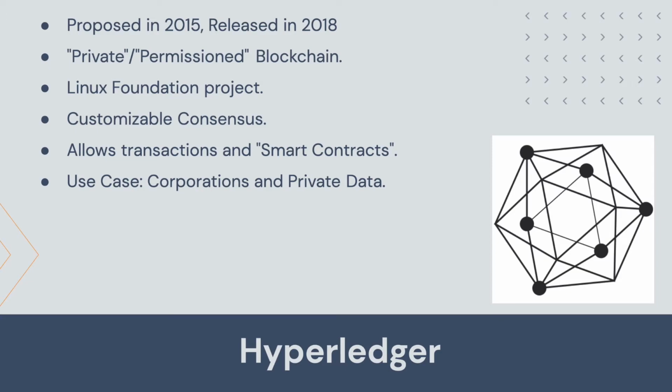Hyperledger. I wanted to talk quickly about Hyperledger here in the networks. It is essentially a private, permissioned blockchain, instead of the peers being public and anyone being able to join the network.